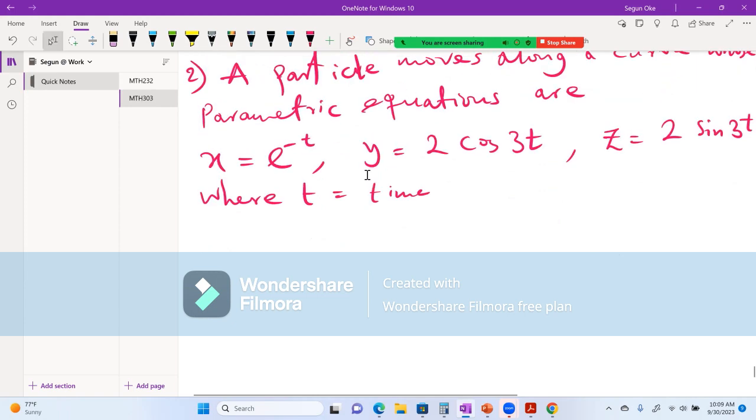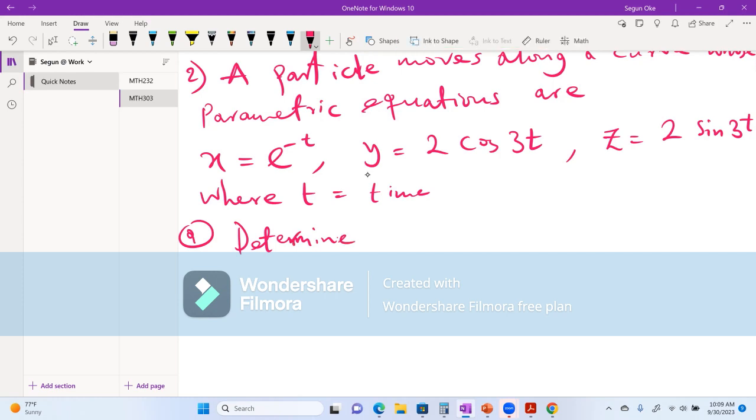Where t is equal to time, the question says, A, determine its velocity and acceleration at any time.